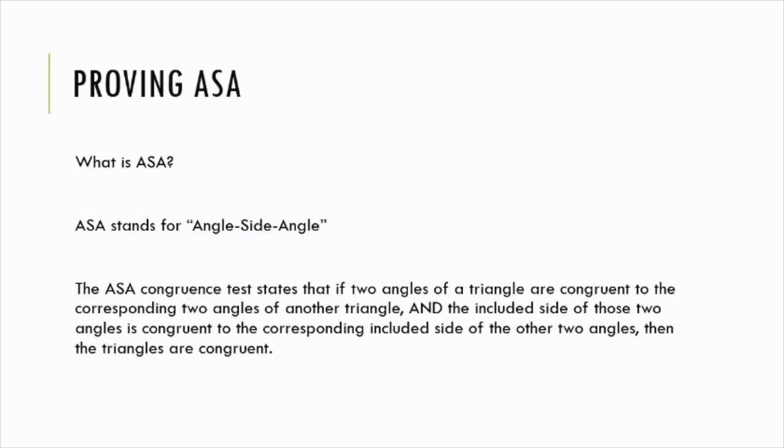So the ASA congruence test states that if two angles of a triangle, so let's say I have an angle here, are congruent to the corresponding two angles, so let's say I have another angle here, are congruent to the other two angles of a triangle, the corresponding ones, and their included side, so the side in between them.